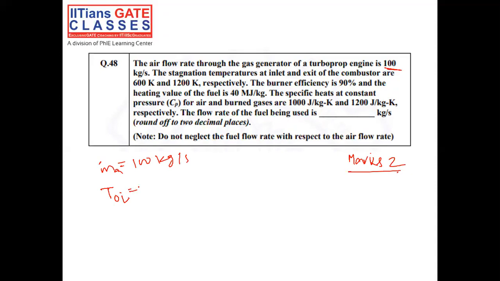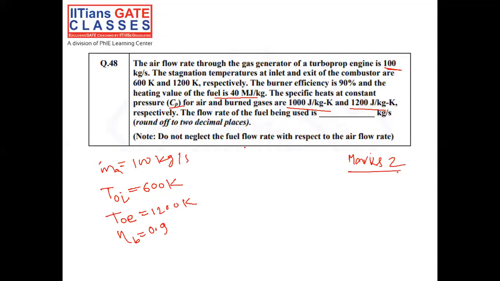TOI denotes the stagnation temperature at the combustor entry, given as 600 Kelvin, and the stagnation temperature at the combustor exit is TOE, given as 1200 Kelvin. The burner efficiency, combustor efficiency, is 0.9, right? And the heating value of the fuel is given as 40 megajoule per kg. Specific heats are given for both the cold gas as well as the hot gas, and we are asked to find out the fuel flow rate.